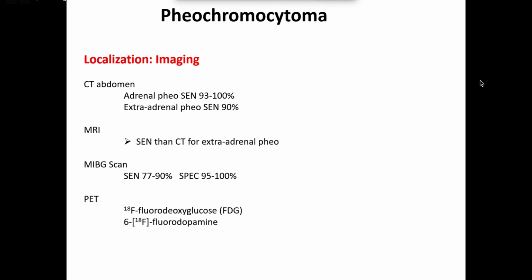So how do we localize pheochromocytoma? Usually we start with a CT scan. It's very sensitive, and the problem is the extra-adrenal or paraganglioma is not sensitive for the CT scan. So if we did a CT scan and there is nothing in the adrenal, then we need an MRI, MIBG scan, and PET scan for paraganglioma or ectopic pheochromocytoma.